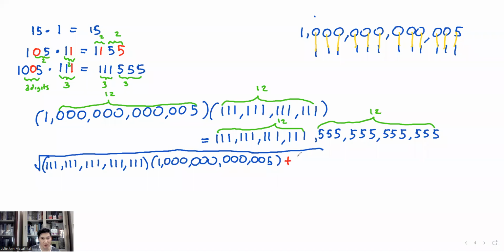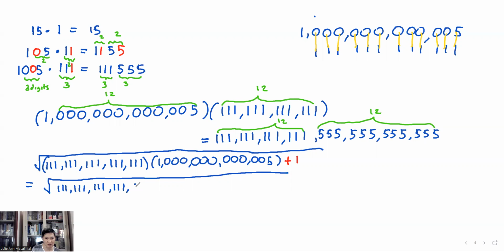This time, we're supposed to add 1 plus 1, so this will become the square root of this one plus 1. Okay, 12 ones, 12 ones, and 12 fives.